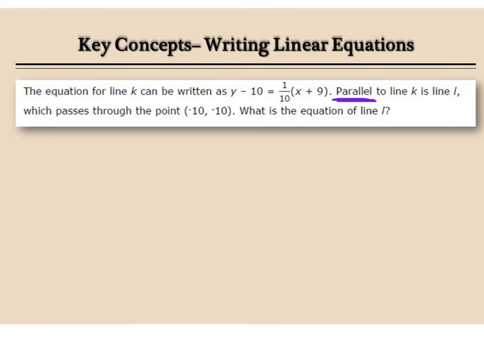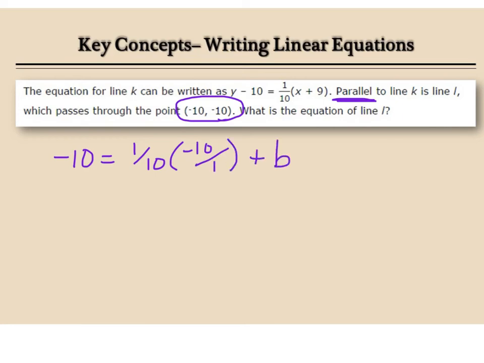All I need to do is plug in that point and solve for b. So I'm going to put -10 equals 1/10, because the slopes are the same, times -10 over 1, plus b. That canceled out.